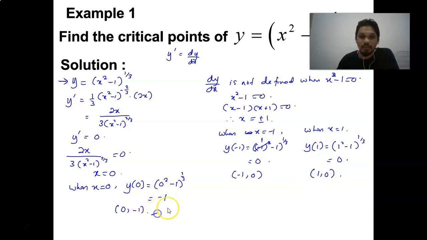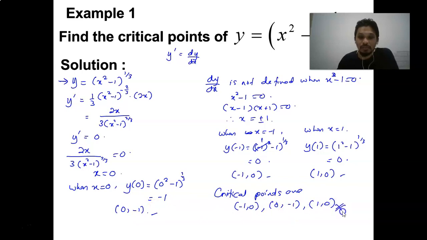So we collect all these three coordinates. Then we come up with a conclusion that the critical points are negative 1, 0 here, and then 0, negative 1 here, and next is 1, 0.